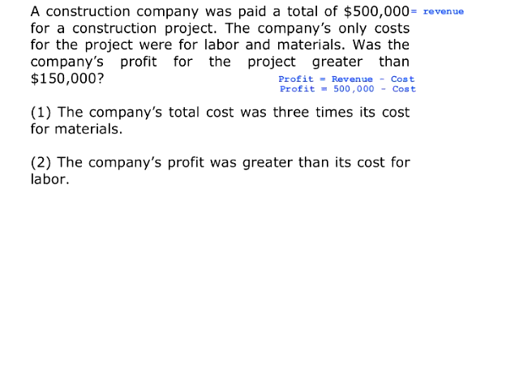Okay, so was profit greater than 150? You can also ask the question of, this is the same question as, was cost what? What could go here?